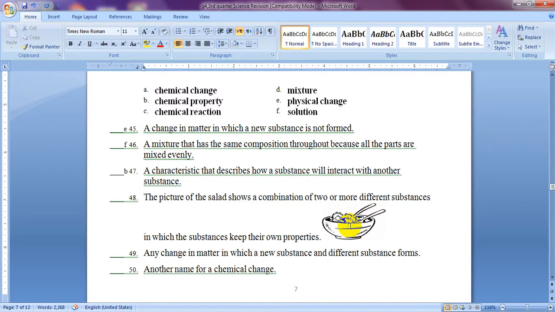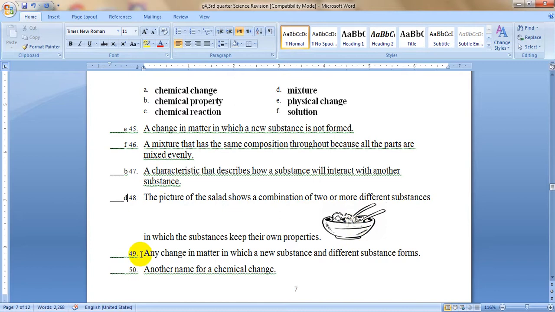What does it represent? It represents a mixture, because we can see each of them with its own color, with its own shape. We can identify each of these components. So salad represents a mixture.